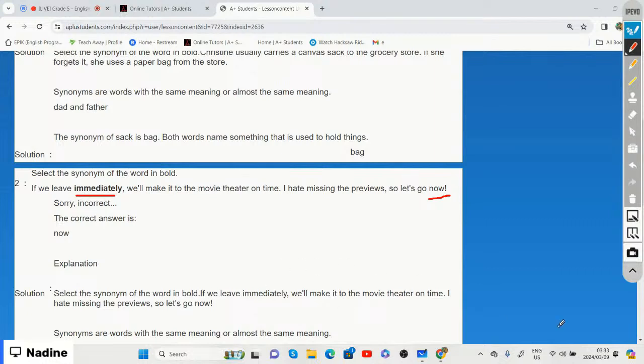So now we can say immediately and now are synonyms. It's like saying, I'm going immediately, I'm going now, right?